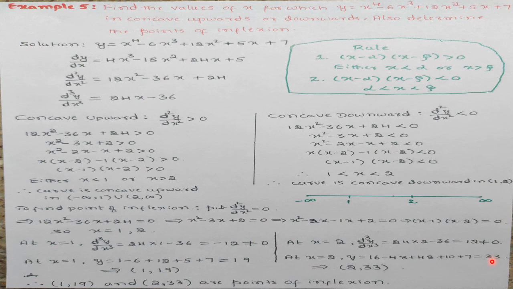So another point of inflection is (2, 33). Therefore (1, 19) is one point of inflection and (2, 33) is another point of inflection. These 2 points are the points of inflection for the given curve.